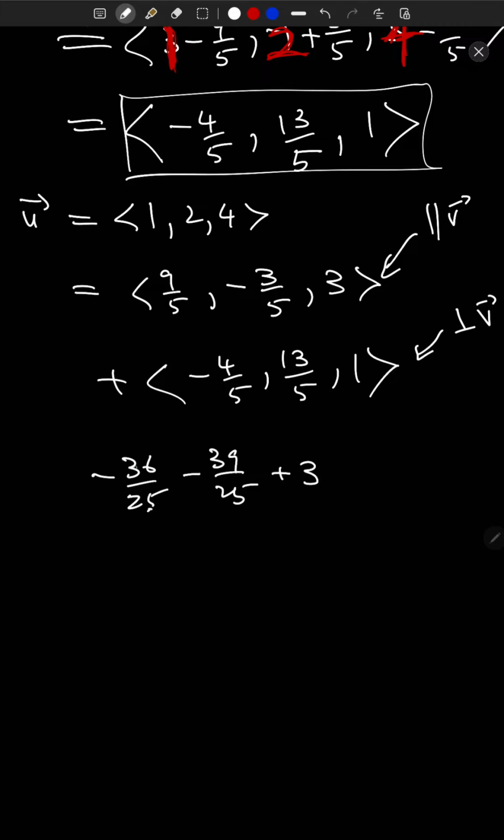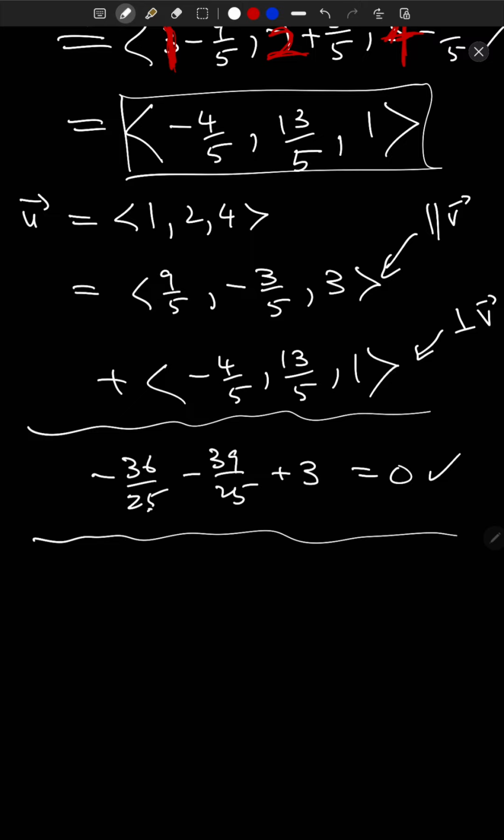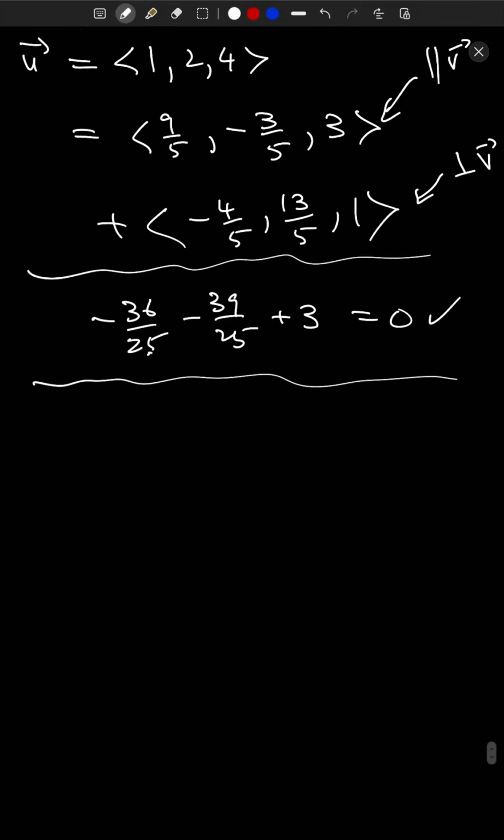Perfect. 39 plus 36 is 75, and so this is equal to 0. Sorry about that little hiccup there.